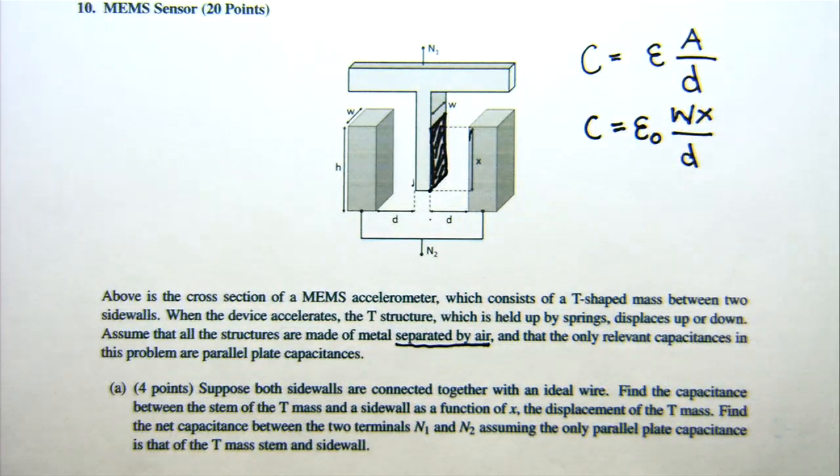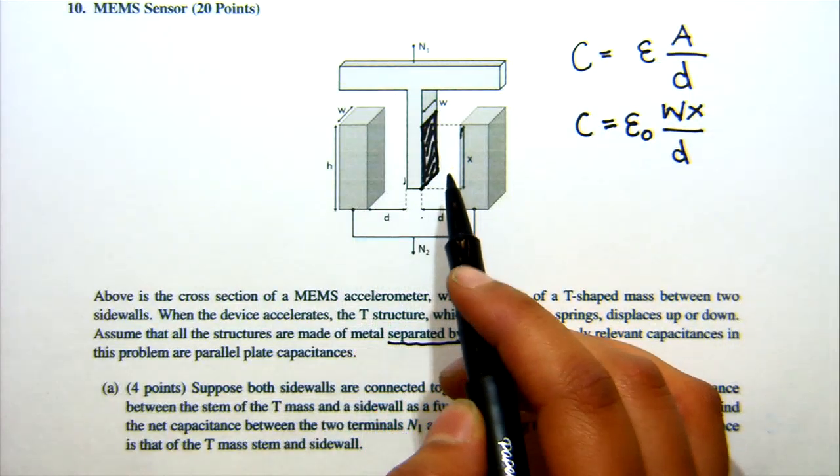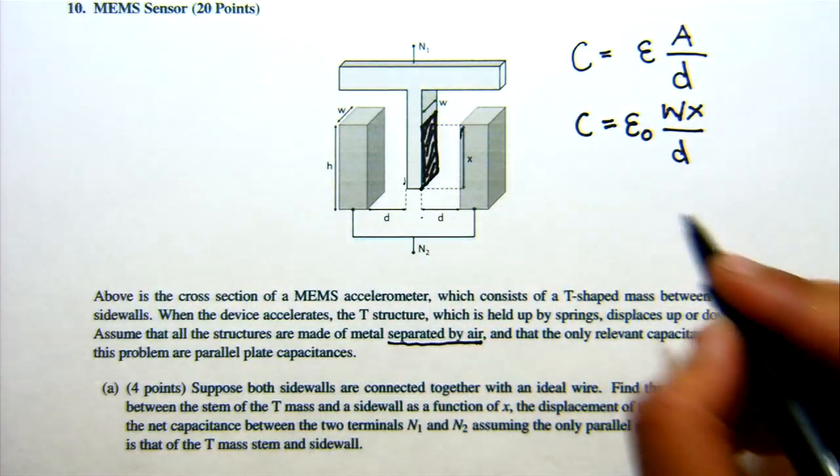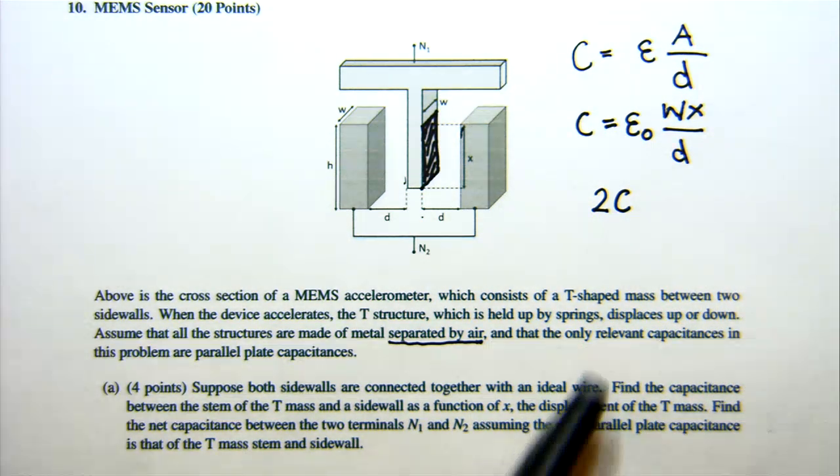If we have two capacitances in parallel, the total capacitance is just the sum of the two individual capacitances. Here the two capacitances are equal, so our net capacitance will just be 2 times C, and that's the C we found above.